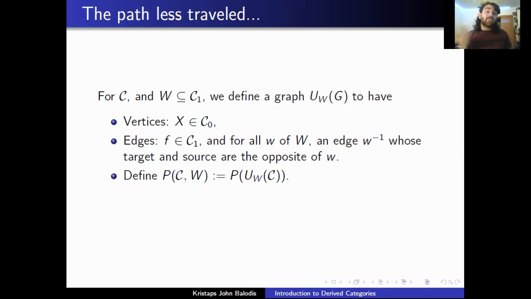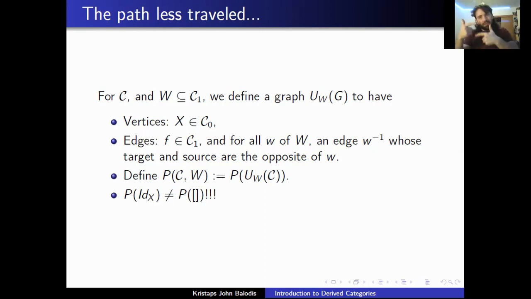But now we have this adjoint functor going in the other direction. So once we've used the graph to formally invert these elements, we can go back and define P C W to be the image of this locally small graph under the functor P. But there's a problem, right? You might be thinking, oh, well, we're done.